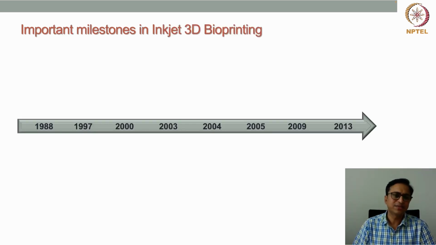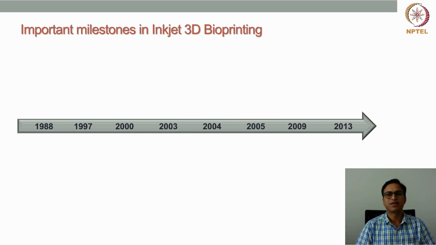Now let us see what the different milestones in inkjet bioprinting are, because this technology started in almost the 1980s. After that, people started using inkjet printing technology. Before that, inkjet printing was very much used for printing in the press or in offices, mostly on pieces of paper.